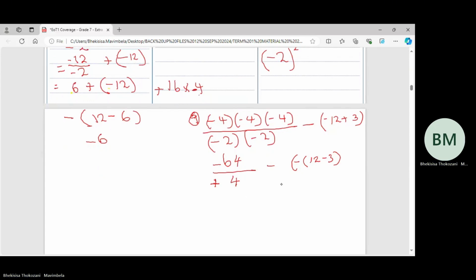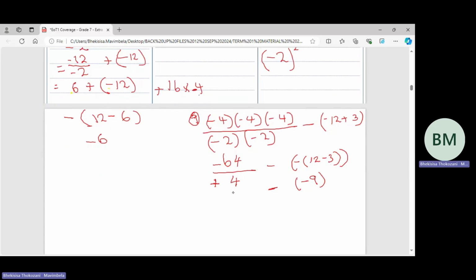Now I'm keeping this minus here. So what is 12 minus 3? It will give us 9. Remember, this sign outside is negative, so I now have negative 9. Okay, simply by saying 12 minus 3.